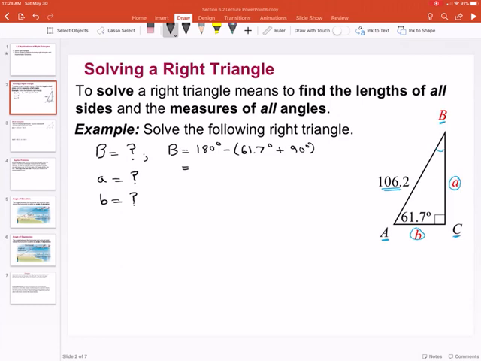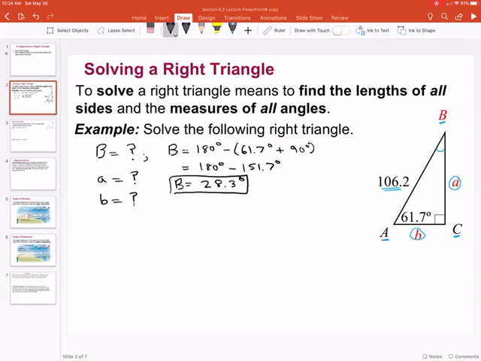As we simplify down, we get 180 degrees minus 151.7 degrees, which is equal to 28.3 degrees. So here's angle B. There's 1/3 of our solution, using a little bit of geometry.